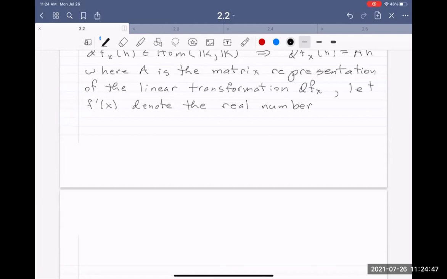So there's an isomorphic representation, an isomorphism, for the matrix A. So that says that df sub x at h is just some number times h.